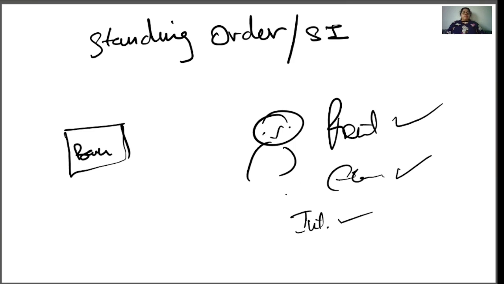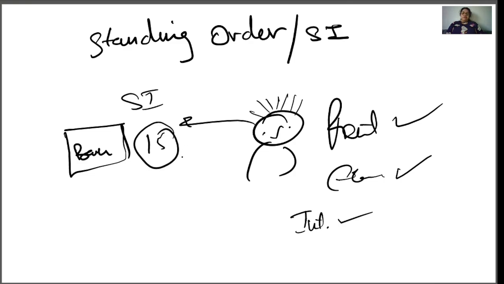That customer doesn't want to do the transaction on their own. So when they don't want to waste time, they give a standing instruction to the bank that every month on the 15th you have to deduct 10,000 as rent and transfer it to the owner's account. You have to give all details.